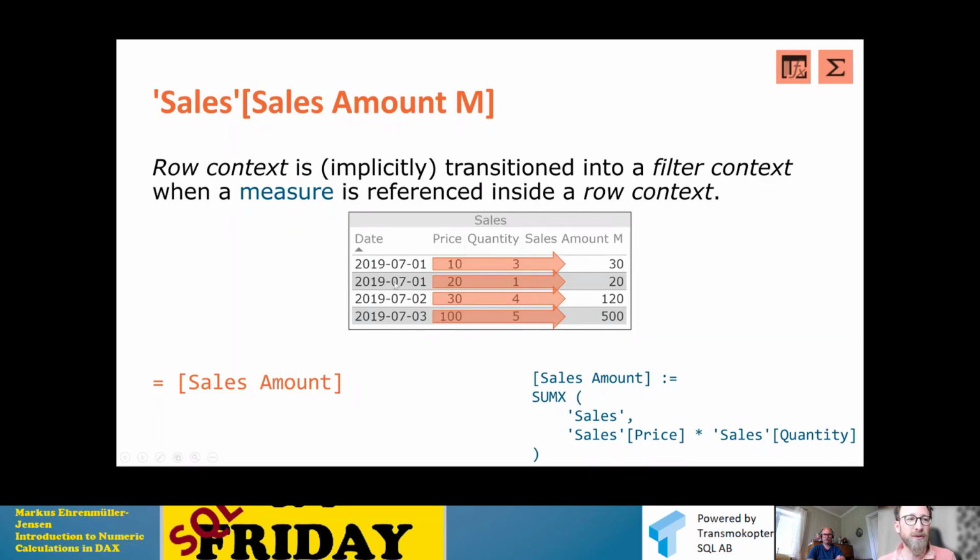And if the calculated column is executed in the second line, the sales table for the second line looks only like the one line here. So if you're referring to measures inside of calculated columns, the row context is transitioned into a filter context. This is something we also have to think about and have in the back of our mind, which is confusing if you start with DAX. But it's really, really helpful because we can tweak things here.